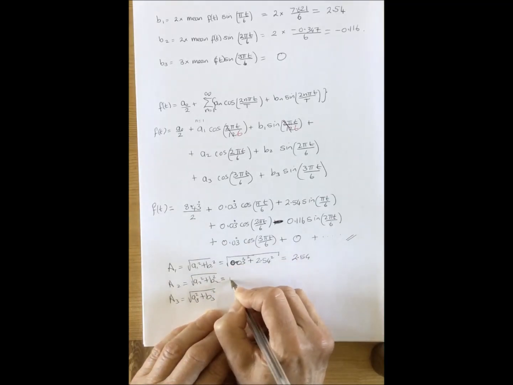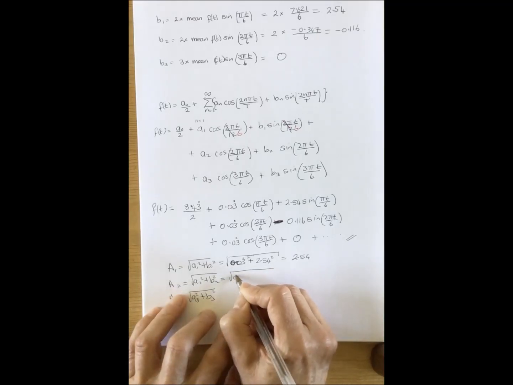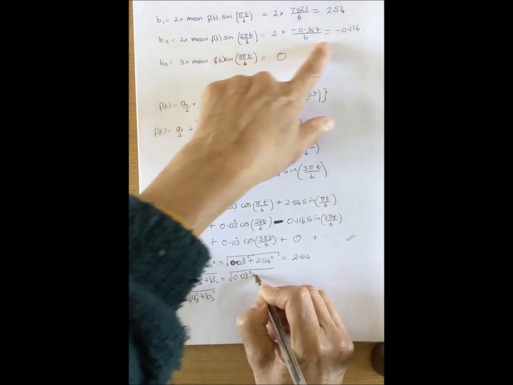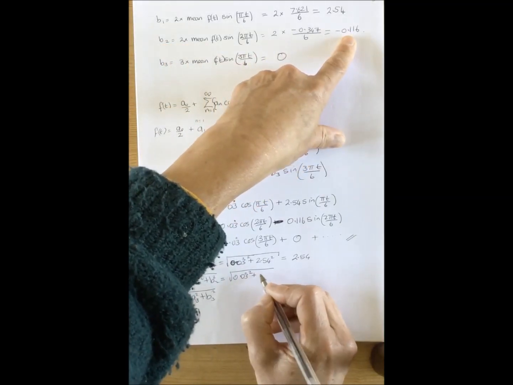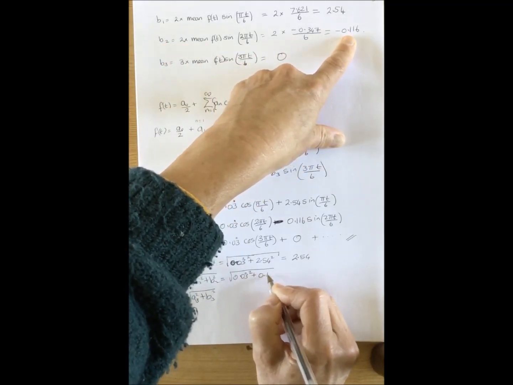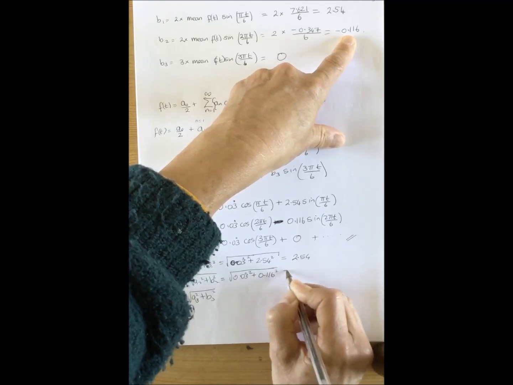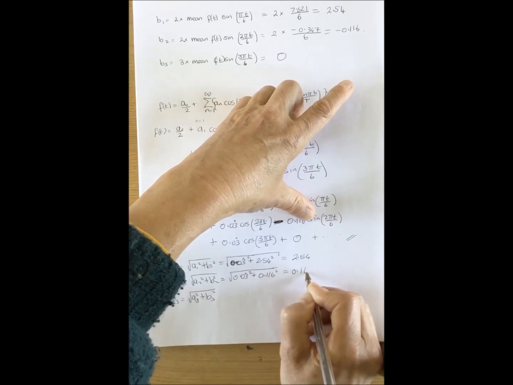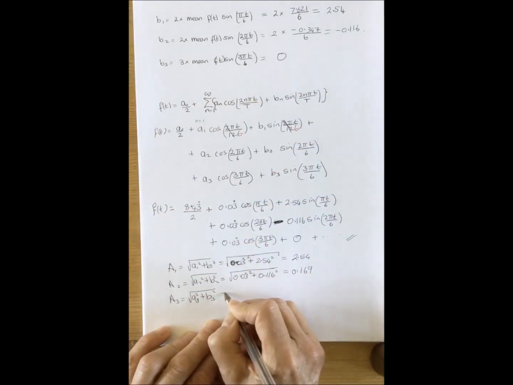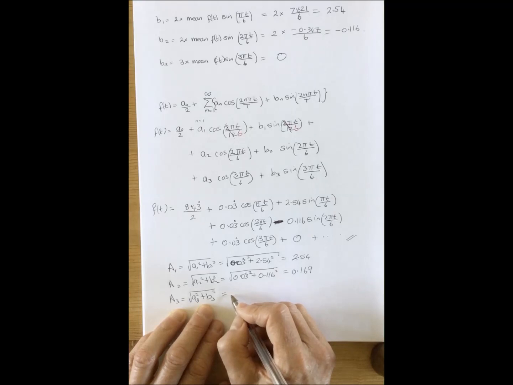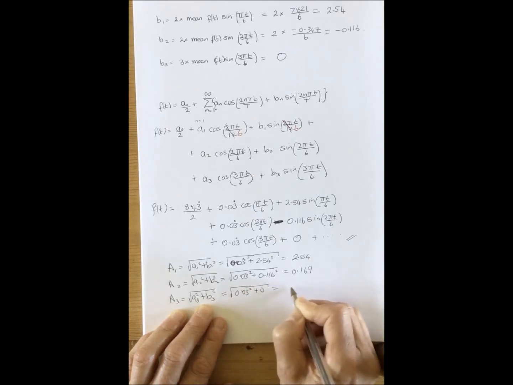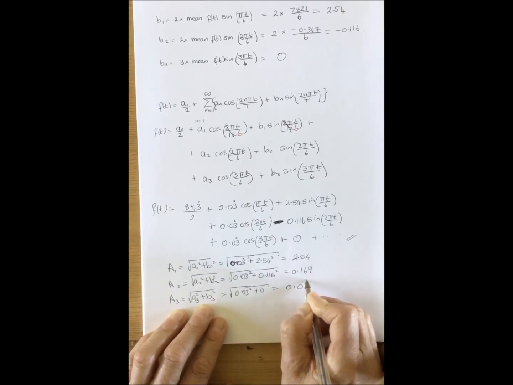And then A2 is going to be 0.03 to infinity squared plus, that was A1, so now B2 is minus 0.116, it doesn't make any difference if it's squared, so it's 0.116 squared. And that works out as roughly 0.169. And then A3, the amplitude for the third harmonic, is the square root of 0.03 squared plus nothing. So it's 0.03 to infinity.